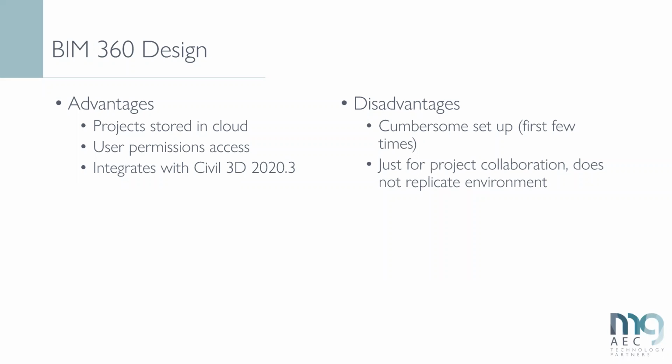So if you're working with outside parties, this is a great option to collaborate with consulting engineering firms, municipalities or subcontractors, things of that nature. And then you can also push that out into the construction phase of the project. There's a whole slew of other features inside of BIM 360, but because WisDOT is not currently using BIM 360, I figured I'd just touch on it.